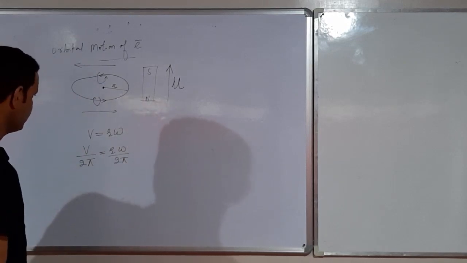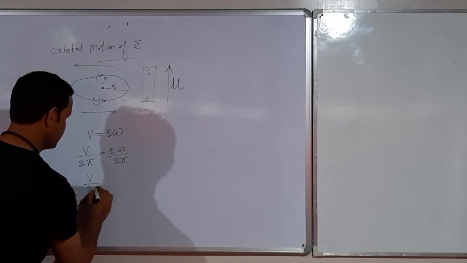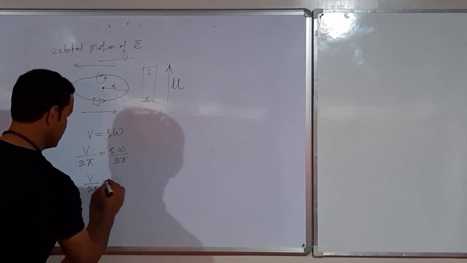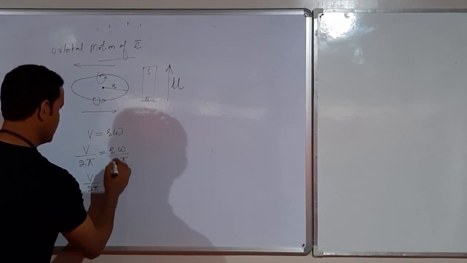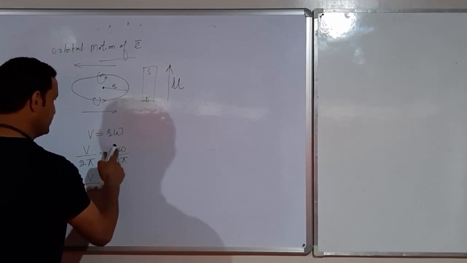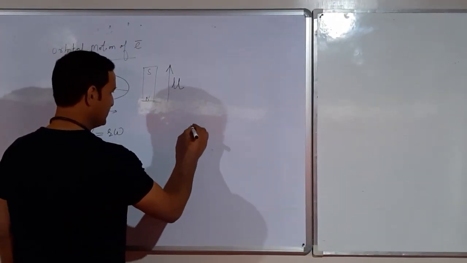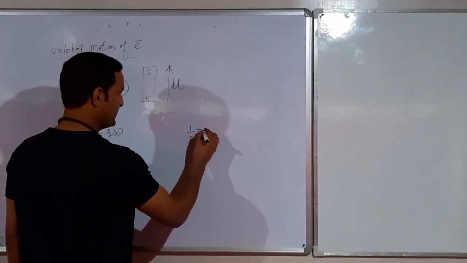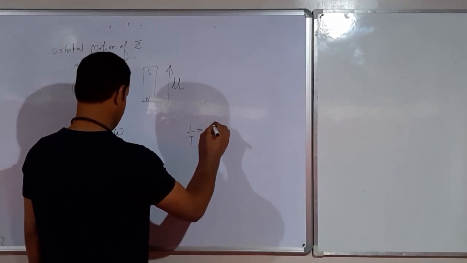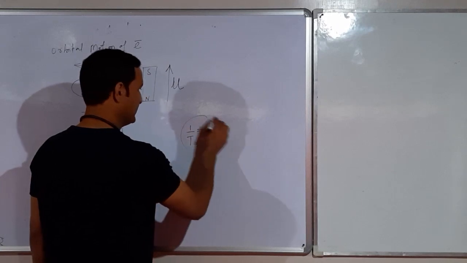Here omega upon 2 pi is equal to 1 upon T, where T is the time period.